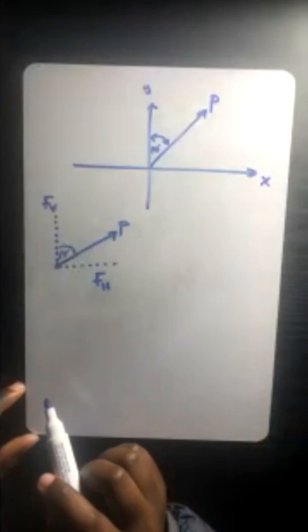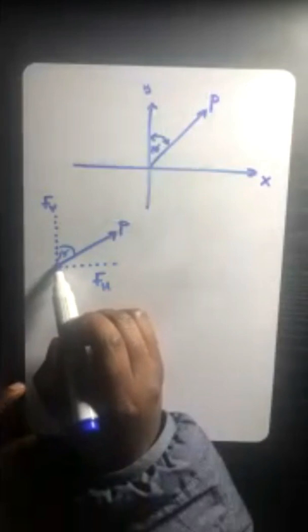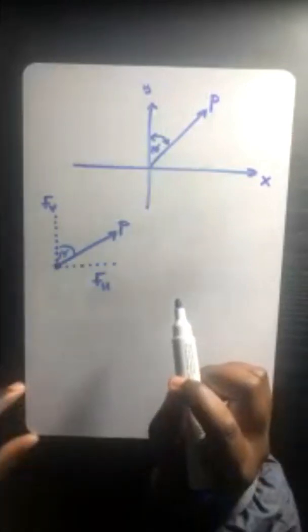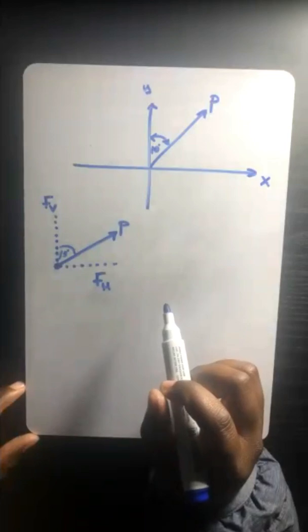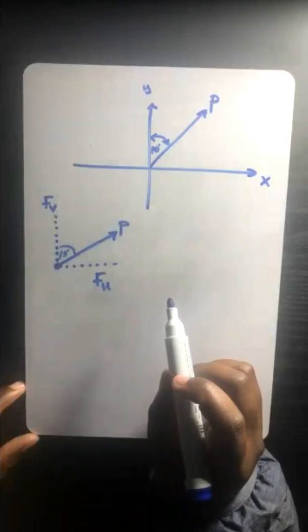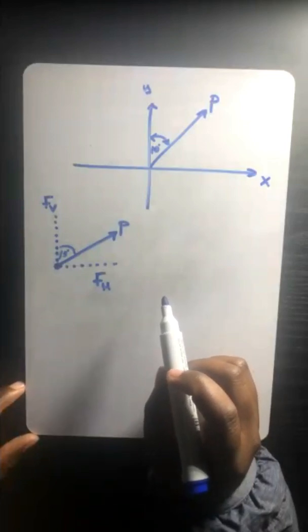quantities using trig ratios. Normally in this chapter, you always try to find a right-angled triangle. How do you know a right-angled triangle? It has a 90-degree angle.